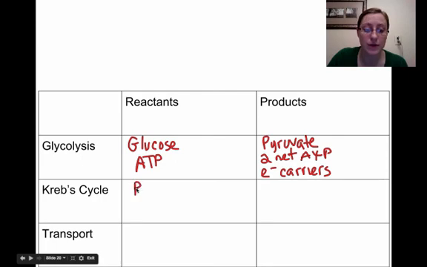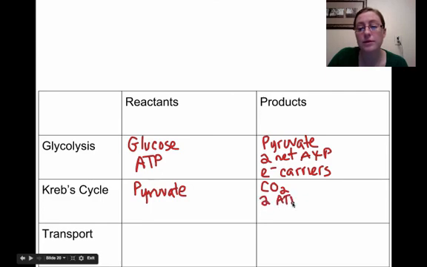So the pyruvate becomes our reactant over here, and that's the one I would focus on. From the pyruvate, we make some CO2 molecules to give off, and remember from our overall equation we know we got 6 there. We're also going to make another 2 ATP molecules, and we make several more electron carriers. These are those NADH molecules and the FADH2 molecules.